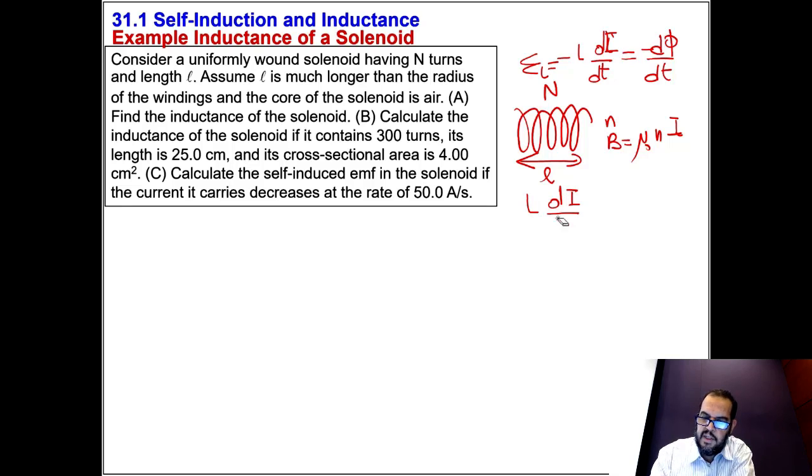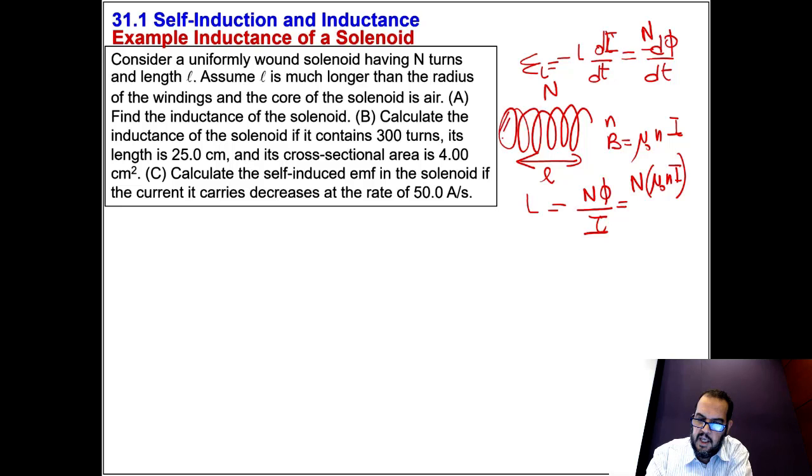Okay, so from this equation we determined that L, so here I forgot N, L is going to be equal to the flux linkage divided by the current I. Okay, so we needed to determine the flux. The flux is going to be N times B times the area. So this is mu 0 N I times the area, the cross-sectional area A, so let me keep it just as area A, divided by the current.